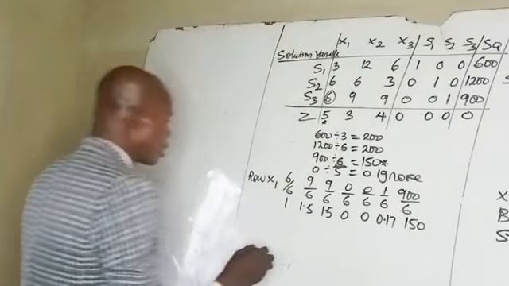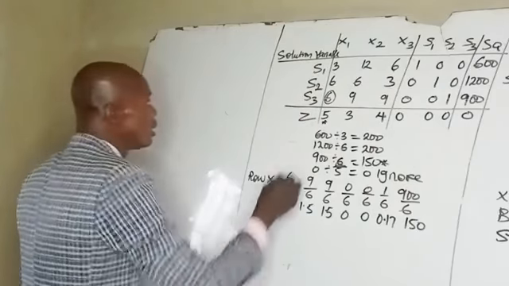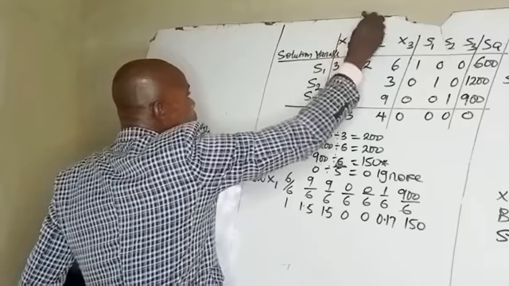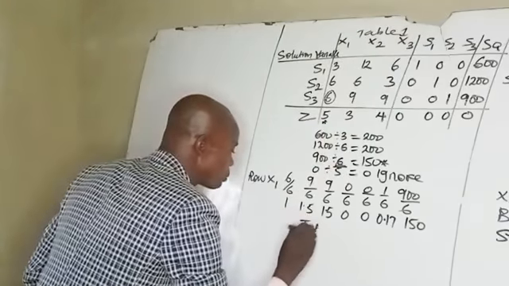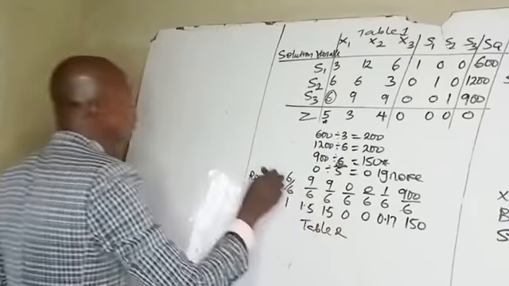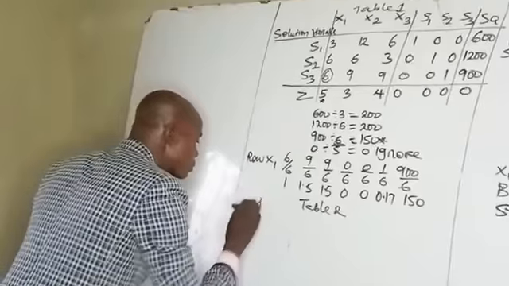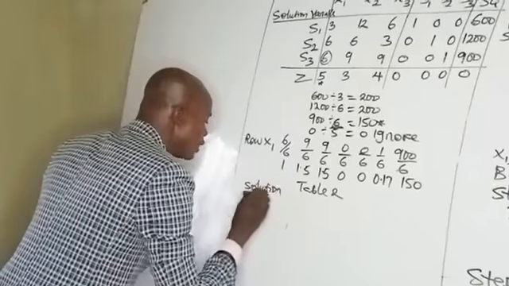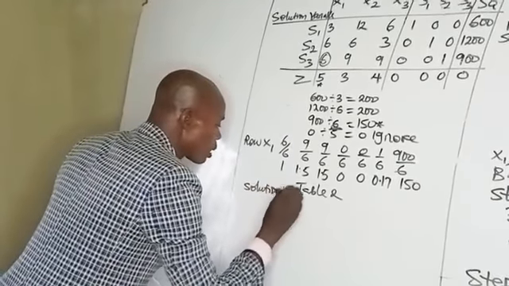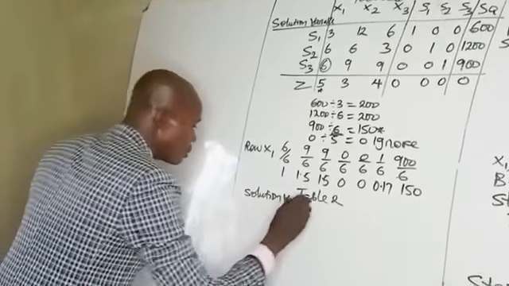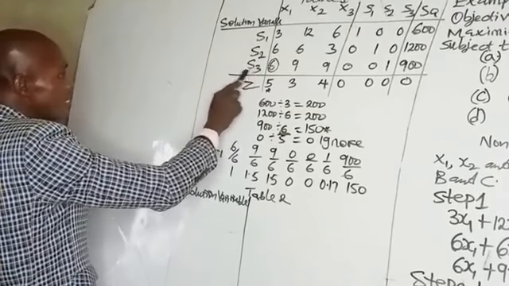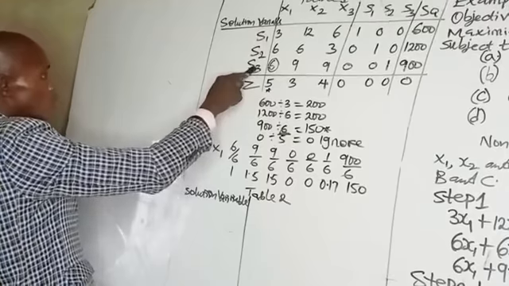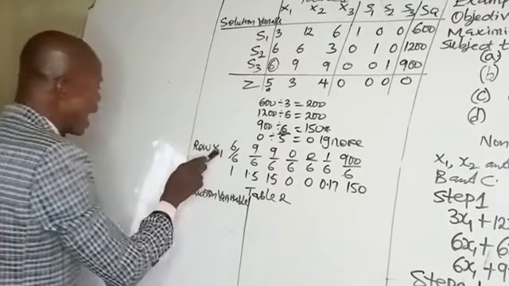Now, if this is table 1, let's have table 2 now. Table 2. So we have solution variable S1, S2. This is our pivot row, which has now been replaced by x1.